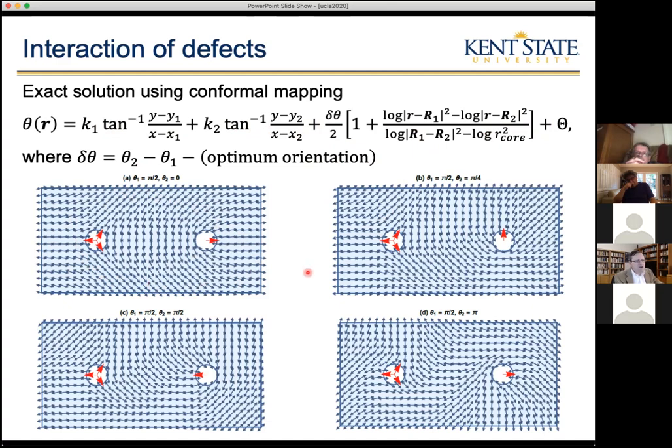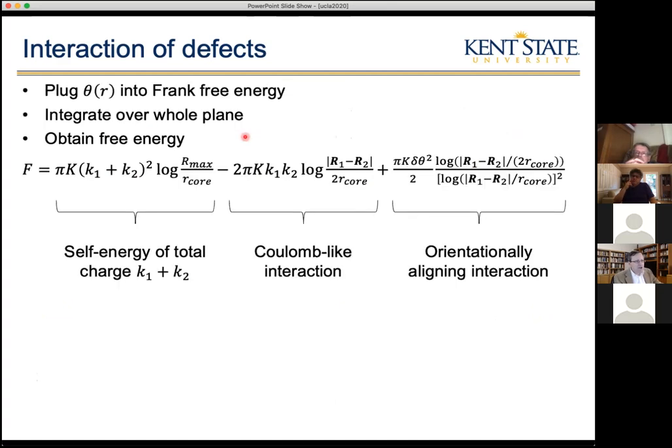Then we can plug that into the Frank free energy, integrate over the whole plane, and we get an interaction free energy, which has these two classical pieces. These things have been known for decades. And then there's this new piece that has to do with the relative orientation of the two defects.